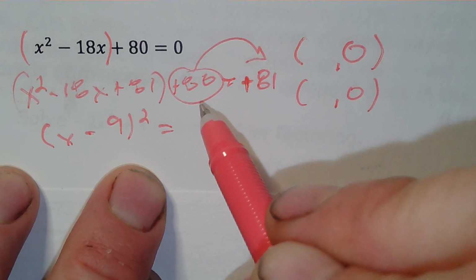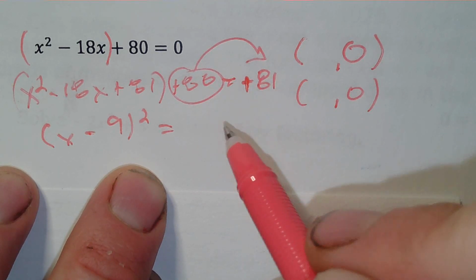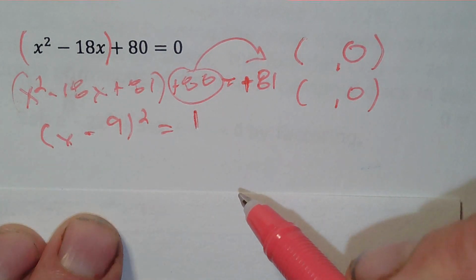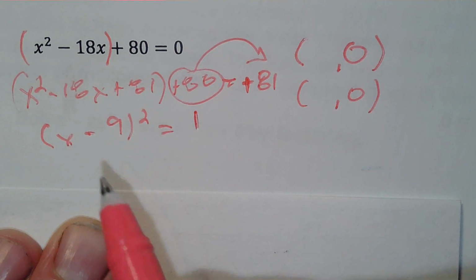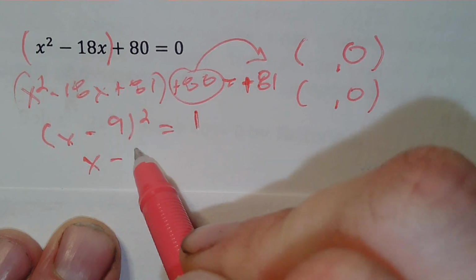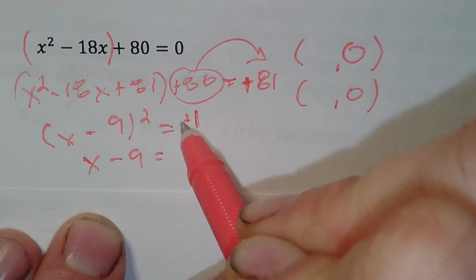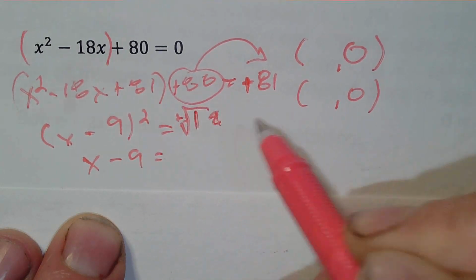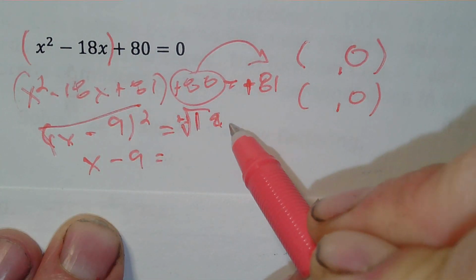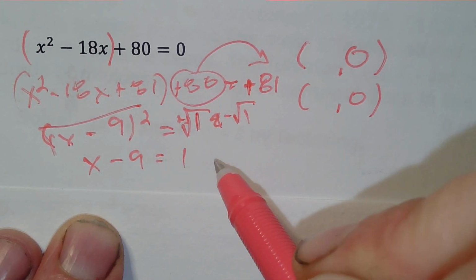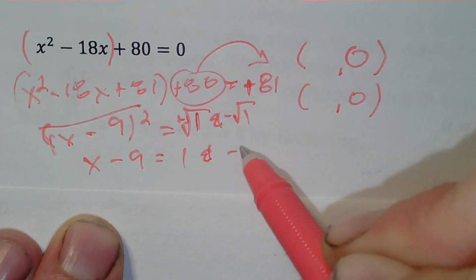So this is going to be 81 minus 80, so it's going to be 1. Then I have to take the square root of both sides. So x minus 9 equals the positive square root of 1 and the negative square root of 1, which is positive 1 and negative 1.